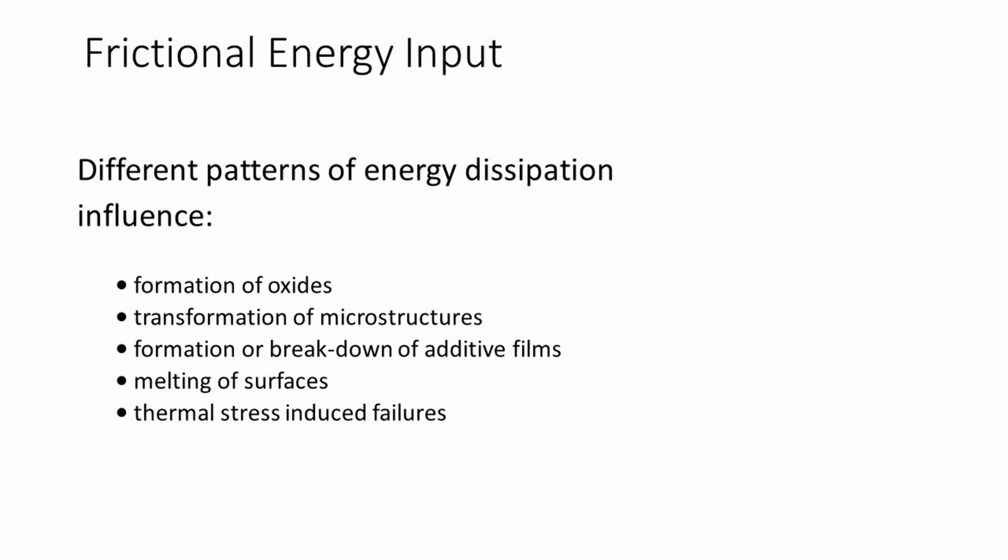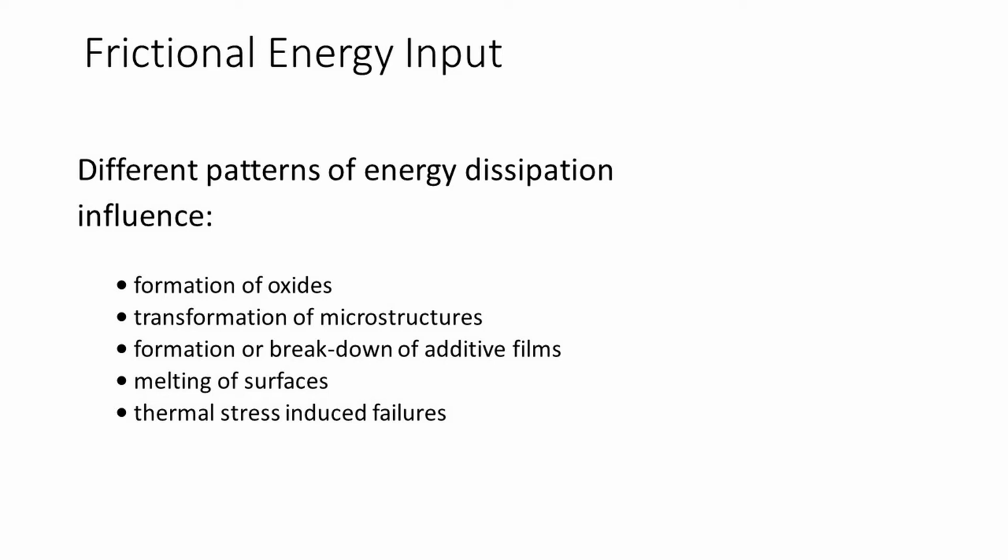All wear processes are influenced by temperature, be they the formation of oxides on surfaces, the transformation of microstructure, the formation or breakdown of lubricant additive films, or other tribochemical films, or thermal stress-induced failures. To be more specific, wear occurs in conjunction with the dissipation of frictional energy in the contact, and this is always accompanied by a rise in temperature.